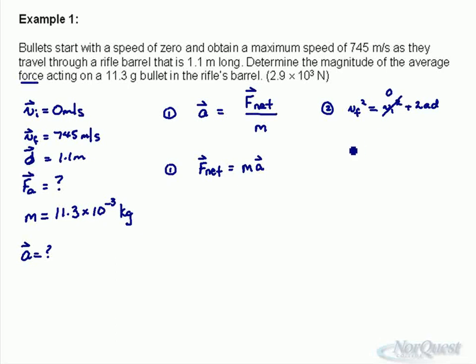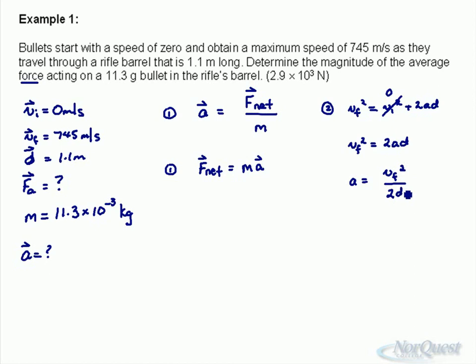So VF squared equals 2AD. Manipulate that for acceleration by dividing both sides by 2D. So acceleration equals VF squared divided by 2D.